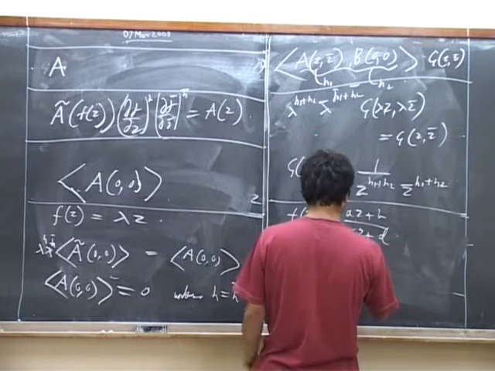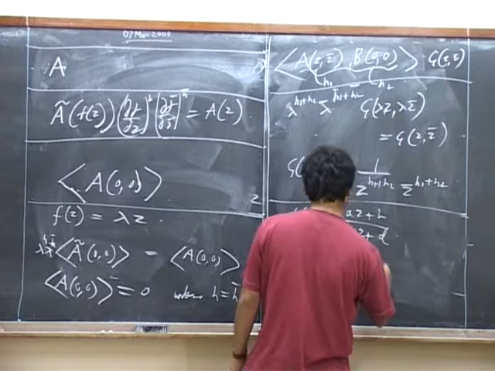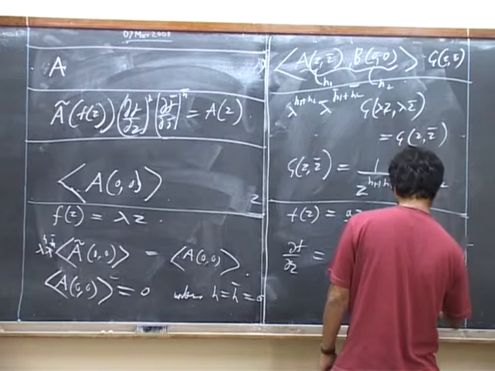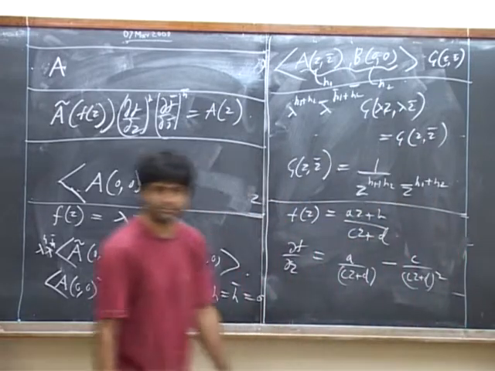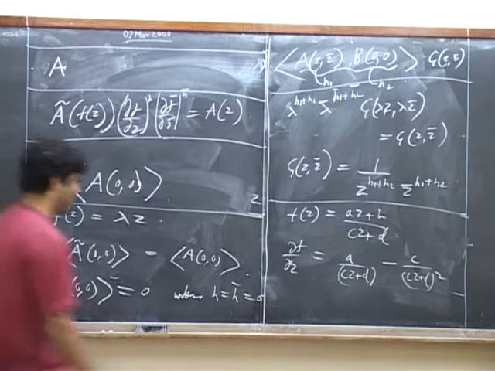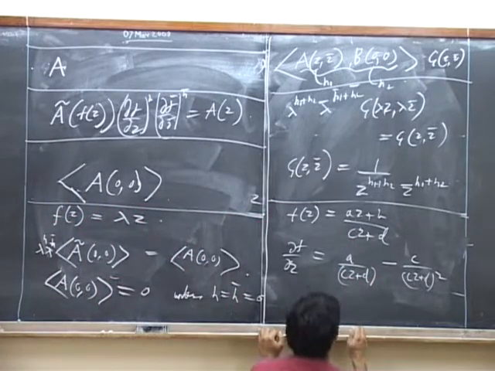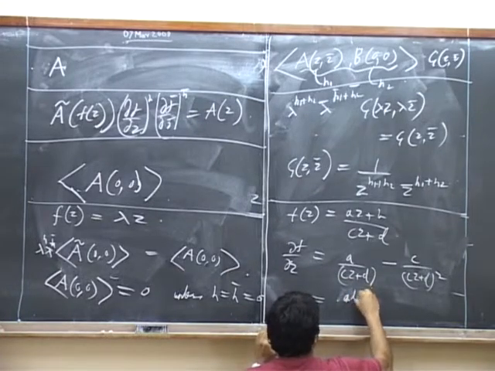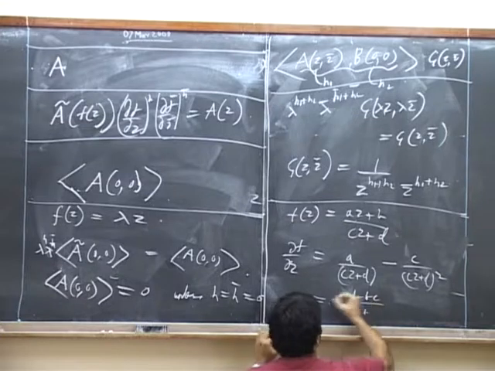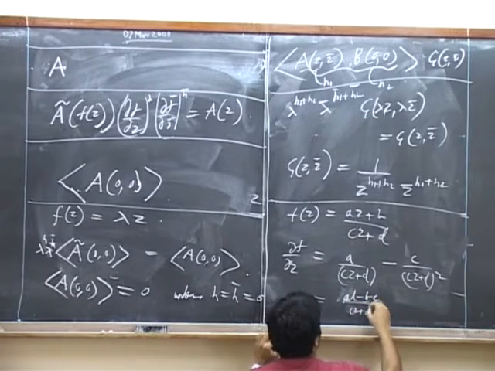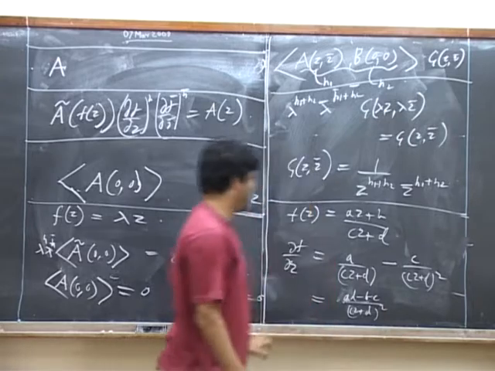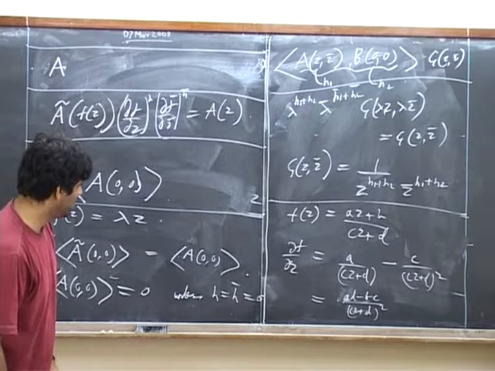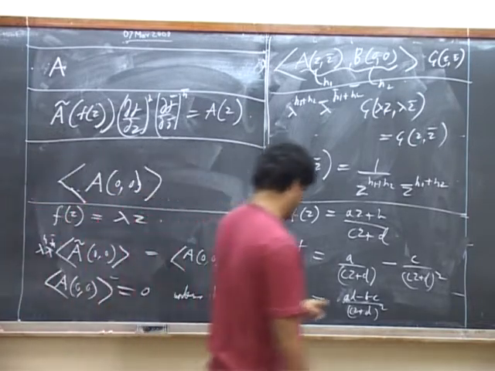So the first term is a over (cz+d), and then you get minus c(az+b) over (cz+d) squared, which you can simplify to (ad−bc) over (cz+d) squared.